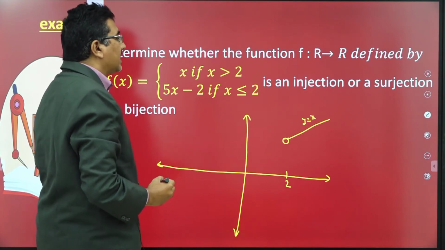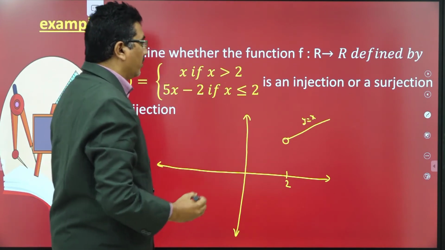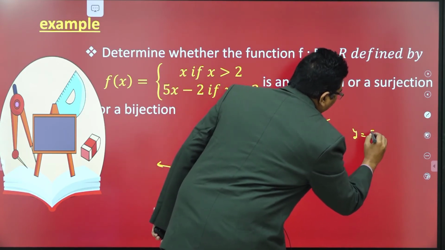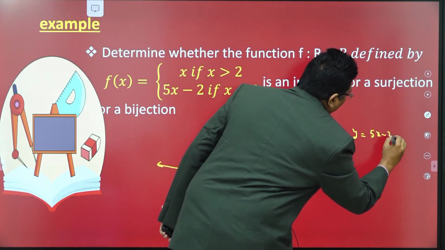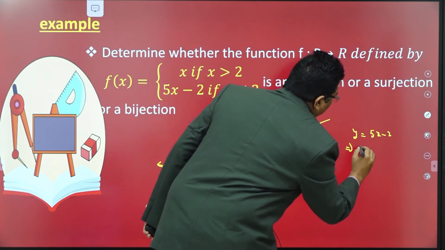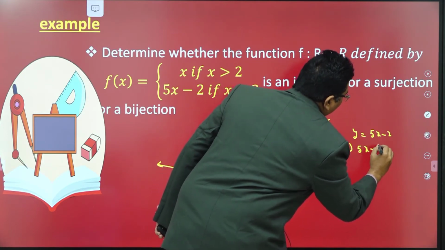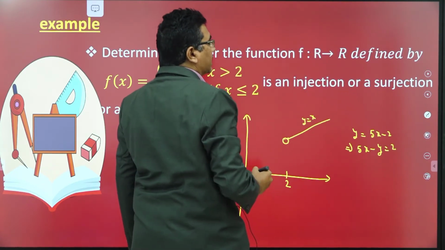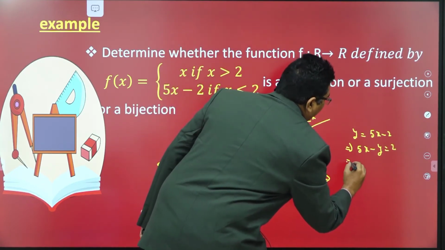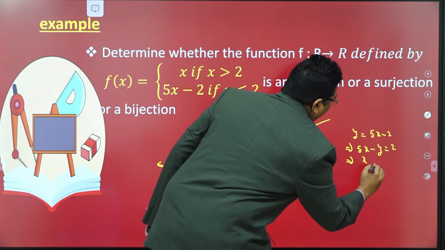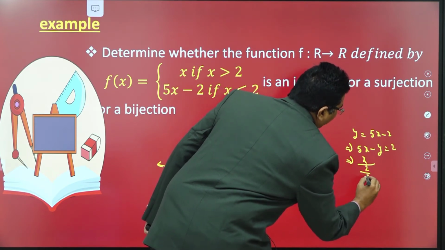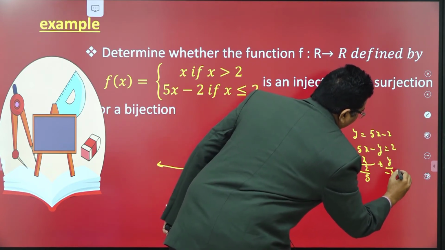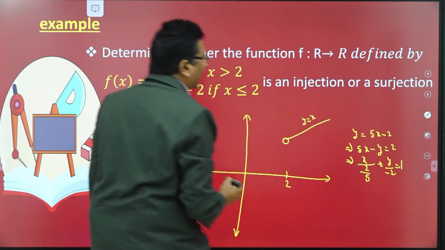If x is less than or equal to 2, y is equal to 5x minus 2. That implies 5x minus y is equal to 2. Now divide this equation by 2. That implies x divided by 2/5 plus y divided by minus 2 is equal to 1.